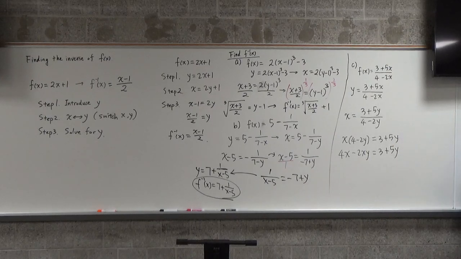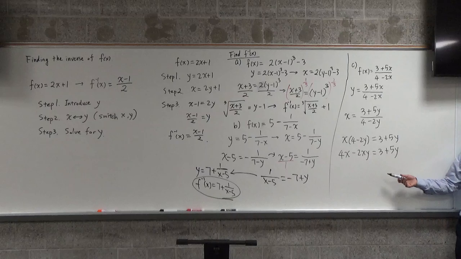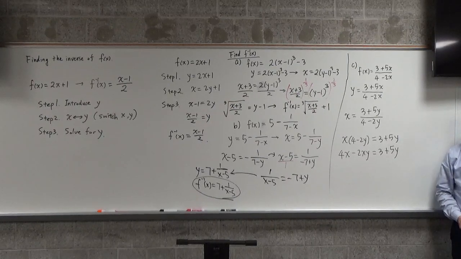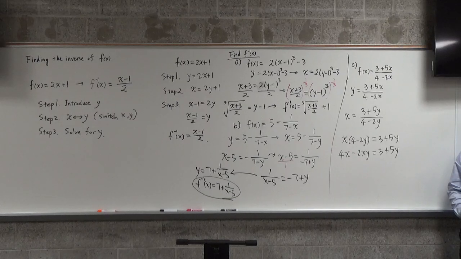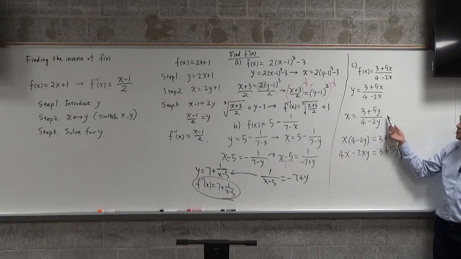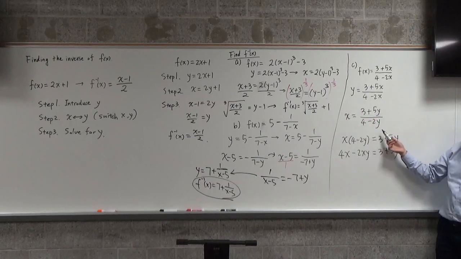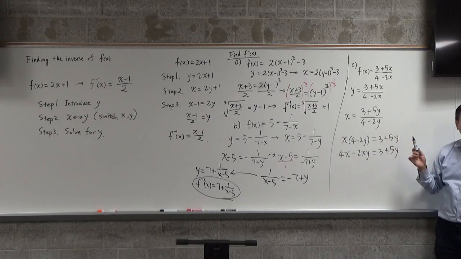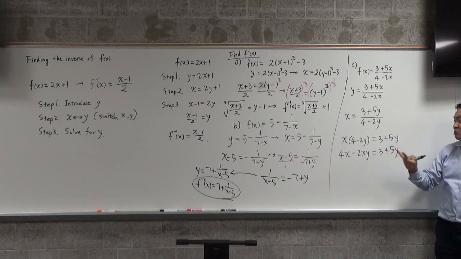And now is the problem. How are you going to solve for y? You have more than one y, right? That's why it's challenging, right? So already you can see here, this is step 2, and step 3 says I have to solve for y, but I see a y here, I see a y there. If it appears twice, then it becomes really hard to solve.